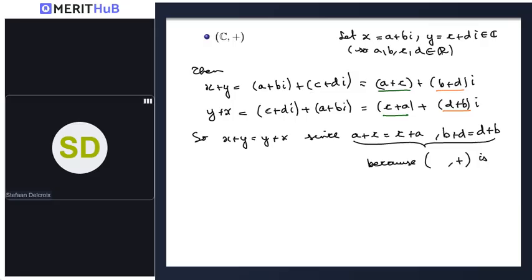Not complex numbers. What kind of numbers are a, b, c, and d? They are real numbers. We're trying to prove that the complex numbers are commutative under addition, and we're using that the real numbers are commutative. So we can now write, yep, the complex numbers under addition are commutative. Right, so that takes care of the addition.